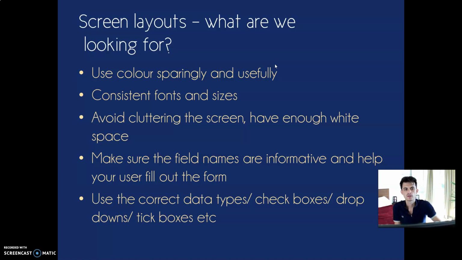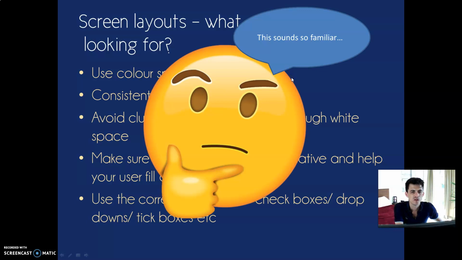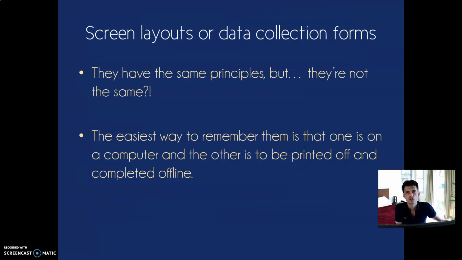Now, you might be thinking, I do recognise what they're talking about. I'm sure I've read that somewhere before. Sounds familiar, right? Well, that's because it's really similar to a data collection form, except this one is obviously online. We're talking about one that we interact with on the computer. Basically, we're thinking Microsoft Access.